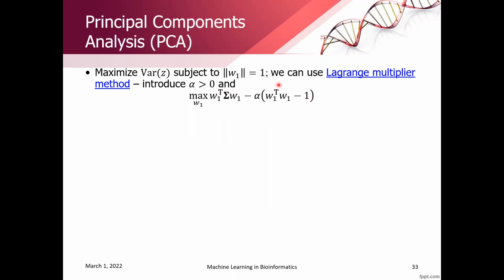If the result of this parenthesis is different from 1, we will subtract alpha times the difference, and this will result in lowering the maximum. So this is the idea of the Lagrange multiplier method.